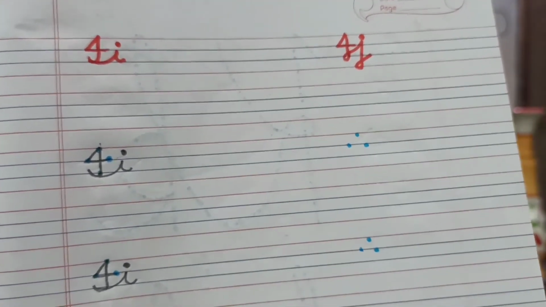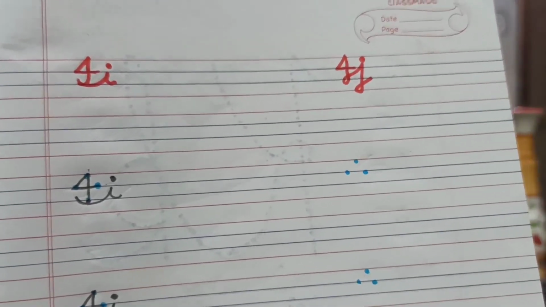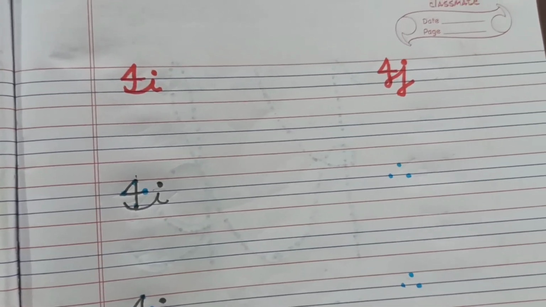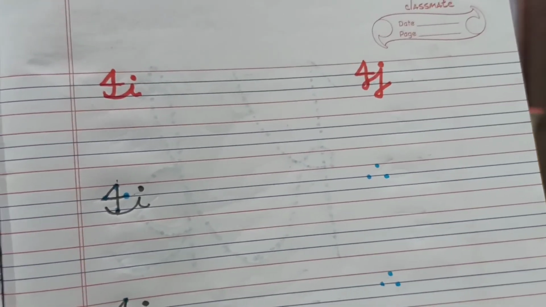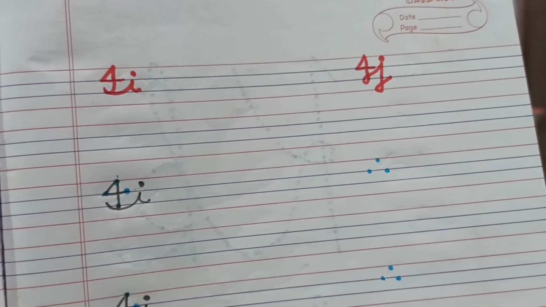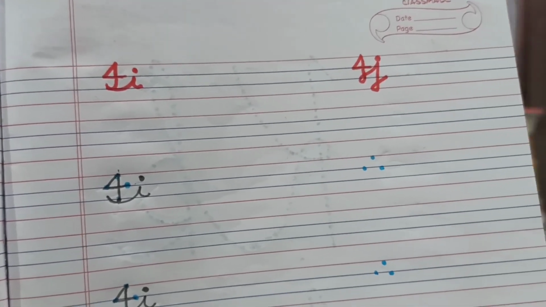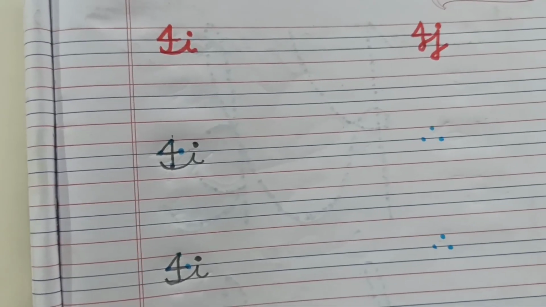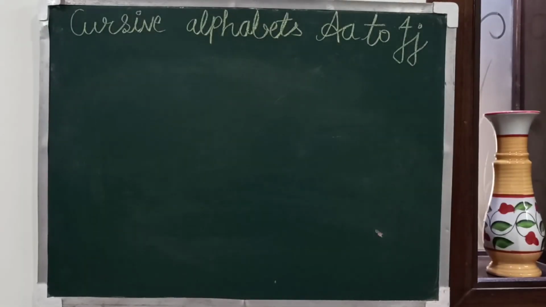See alphabet I and J. It's quite similar. I have given here 4 dots for alphabet I, and you can give 4 dots for alphabet J also. Here I have given 3 only, but you can give 4 dots also. So both are similar, I and J. So practice all these alphabets first of all on the board and then in your notebook.